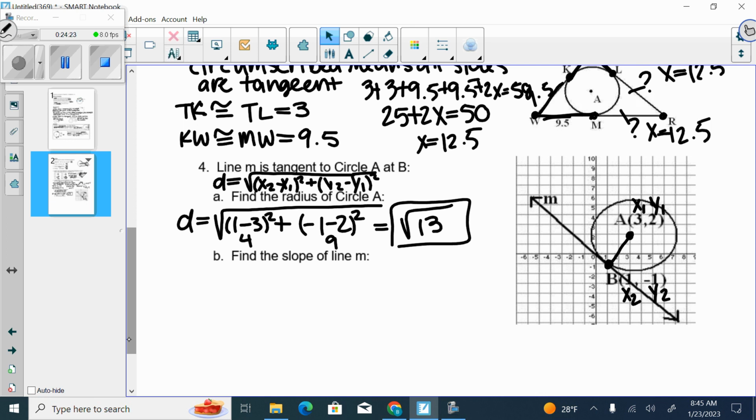So I can count my slope from one point to the next. My slope would be rise over run. To get from B to A, we rise how many? 3, and we run 2. So we know that the slope of the radius is 3 over 2 because of the rise over run.